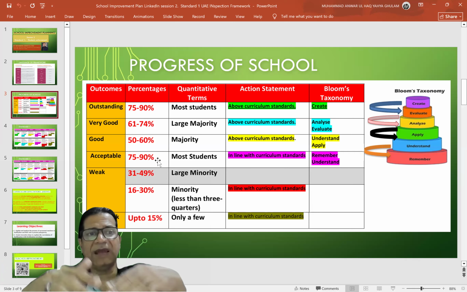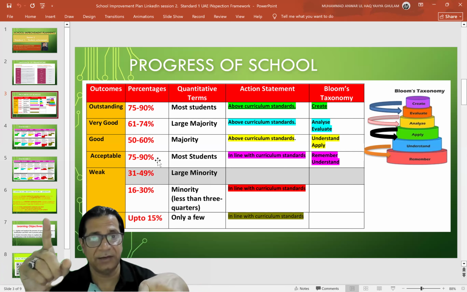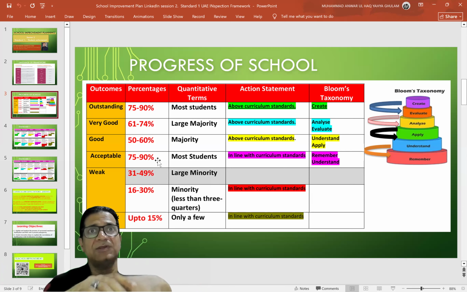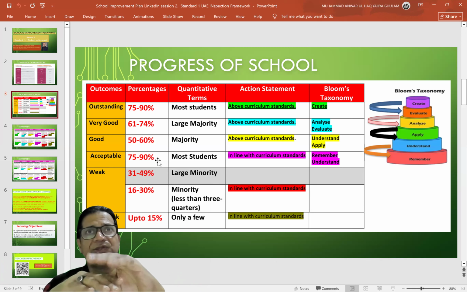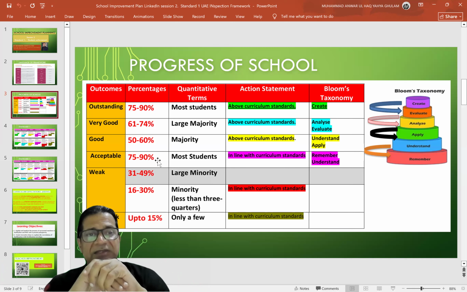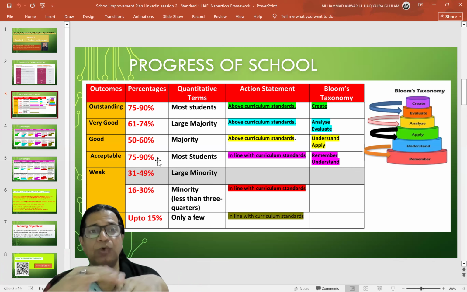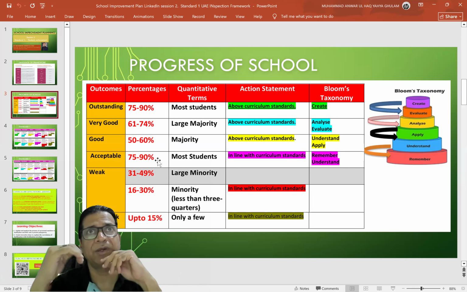then your class will be rated above the standard, by the way. It will be rated good. Now please remember, first of all, you have to achieve the acceptable level. Second, you have to ensure the majority, the good level, which is 50 to 60% of the students scoring above.